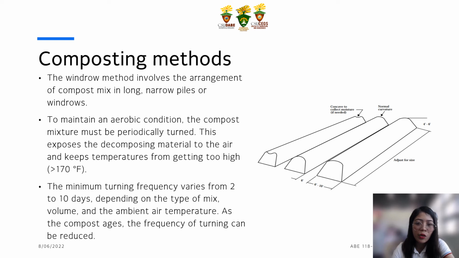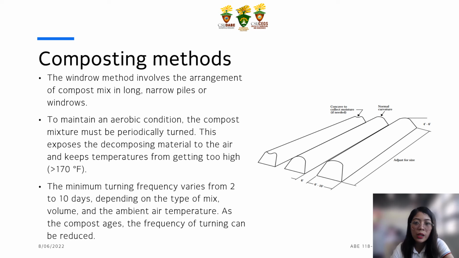To maintain an aerobic condition, the compost mixture must be periodically turned. So this exposes the composting material to the air. So it keeps the temperature from getting too high, no, more than 170 degrees Fahrenheit. So the minimum turning frequency varies from 2 to 10 days depending on the type of mix, volume, and ambient air temperature.